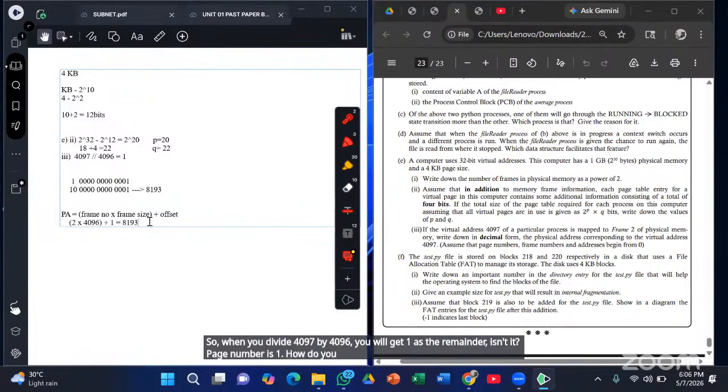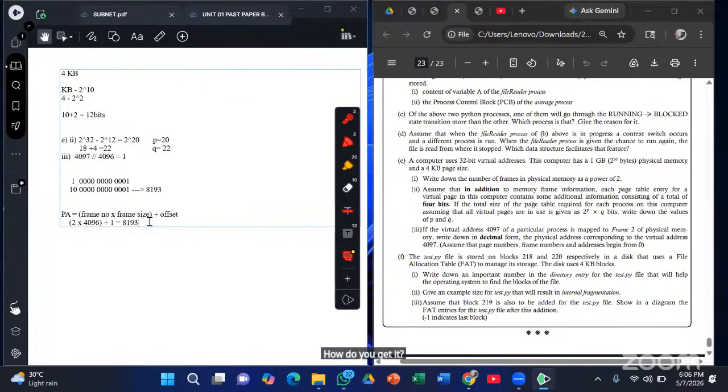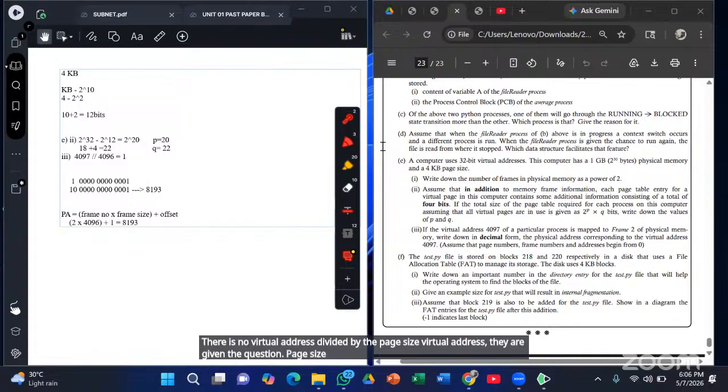How do you get the page number? Virtual address divided by the page size. The virtual address is given in the question. The page size is also given as 4 KB. You have to convert it into bytes and do the modulo, right?